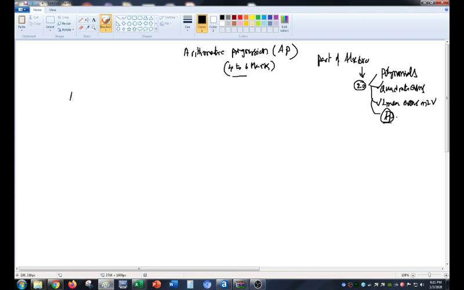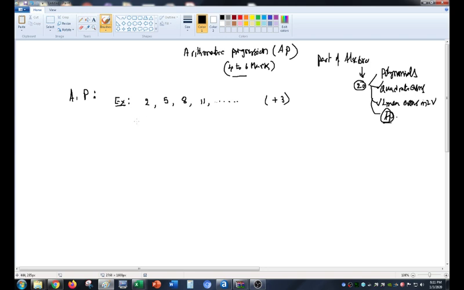So let me explain what is arithmetic progression. I will give you an example. Arithmetic progression is a sequence of numbers. 2 plus 3, 5 plus 3, 8. So 2, 5, 8, 11 are a sequence of numbers obtained by adding a fixed number 3.